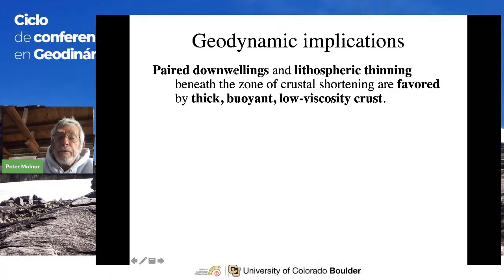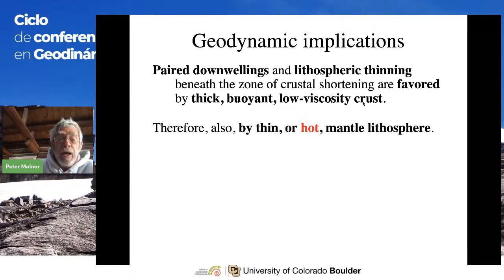So geodynamically, what does this mean? Well, paired downwellings and lithospheric thinning will occur beneath the zone of crustal shortening. They're favored by thick, buoyant, low viscosity crust. That's what the plot I just showed you was meant to say. Sorry, backwards. But this means if you have thick crust, thick relative to what?